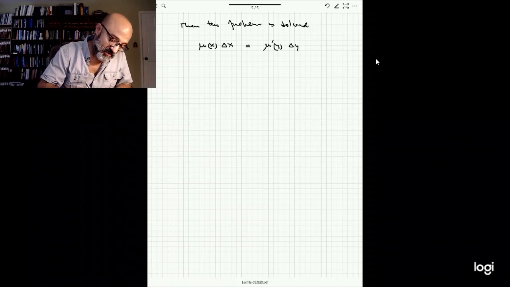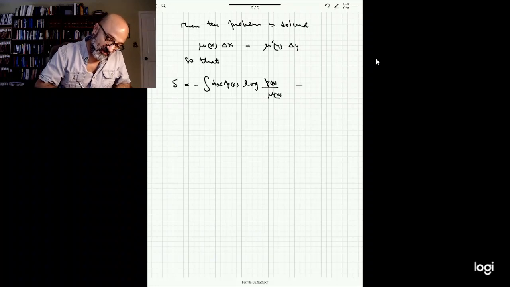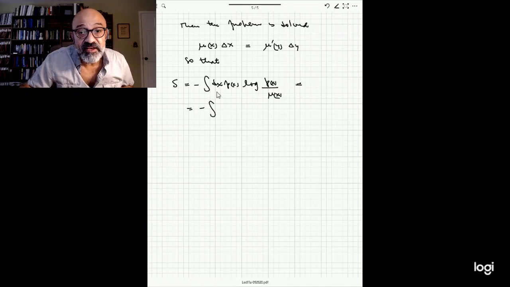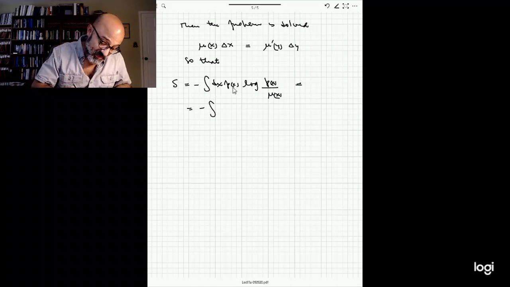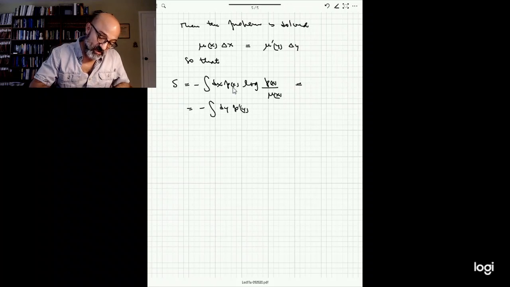So that when we have the entropy being expressed in x's, we will write this in terms of y's now, and we have dx p x is going to be dy p prime y.